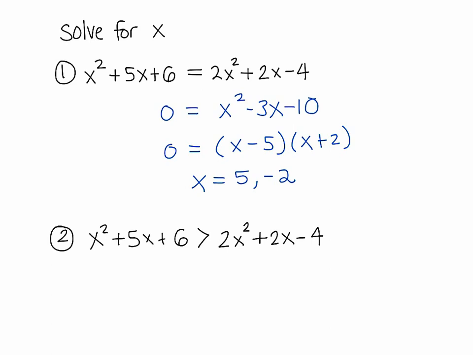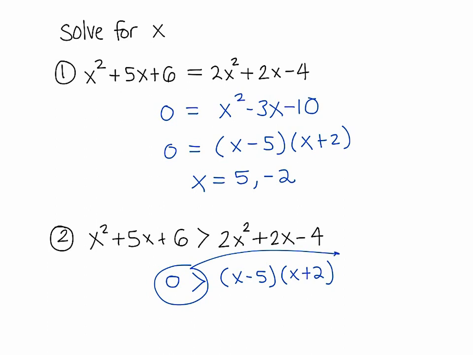For the second equation, it looks exactly the same except that this problem deals with an inequality. So we have 0 is greater than (x minus 5)(x plus 2). In other words, if we move this onto the other side, that means this has to be less than 0. So we create a sign diagram where we're going to have negative 2 and 5.